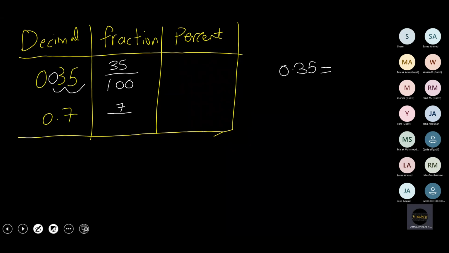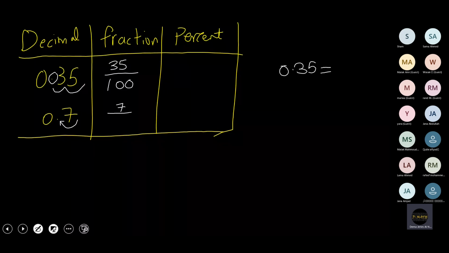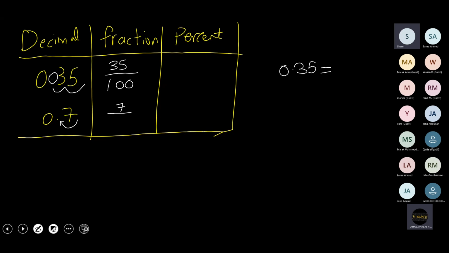After how many digits will you find the decimal point? 1. Because it's 1, you will write it as 7/10. You will read the first one 35 hundredths, which means 35/100. The second one 7 tenths, which means 7/10.